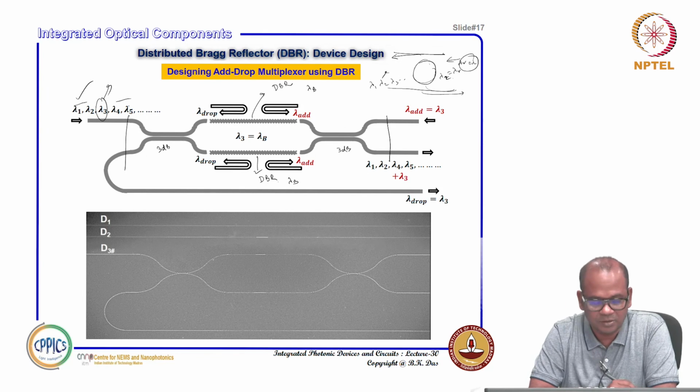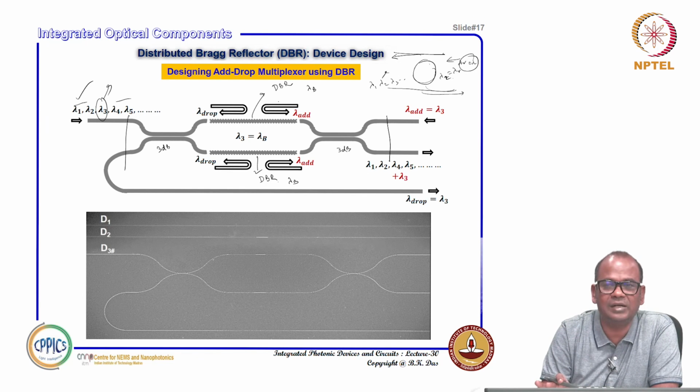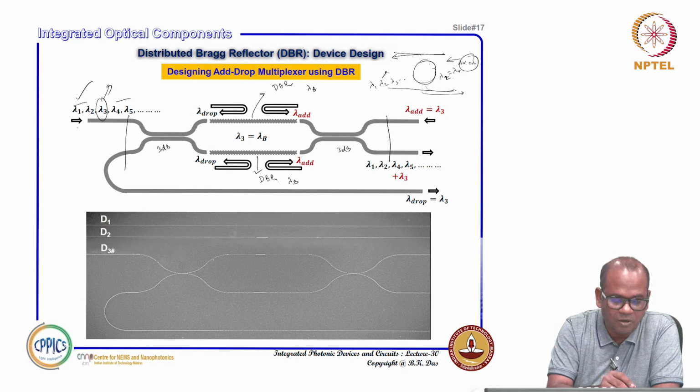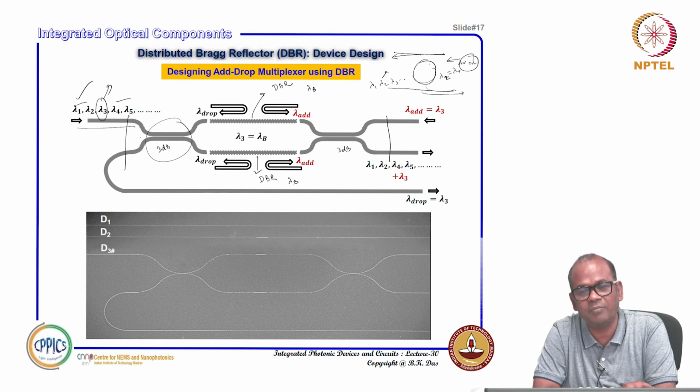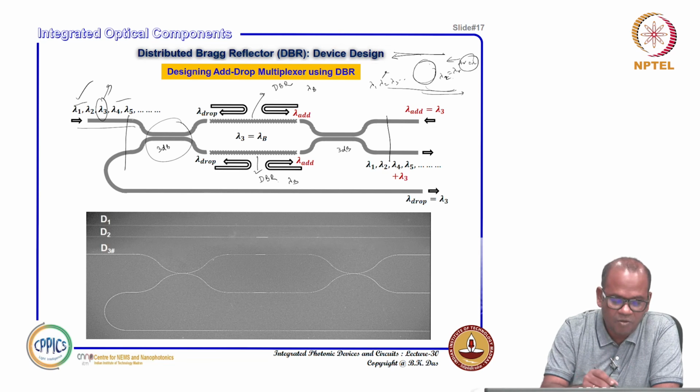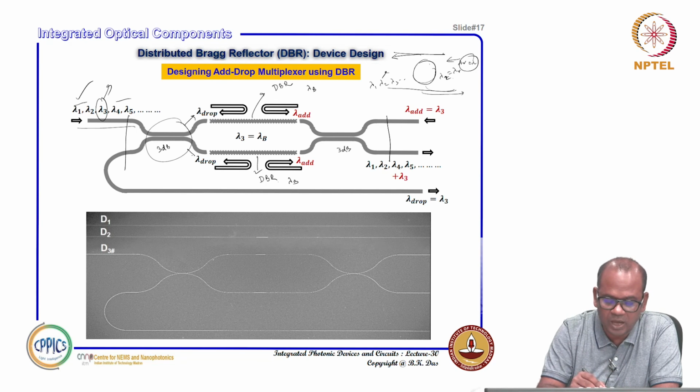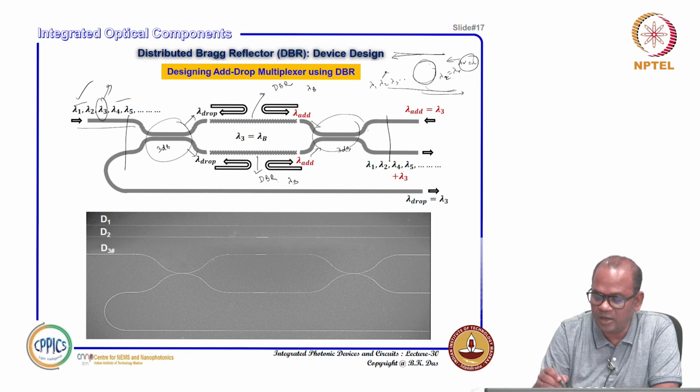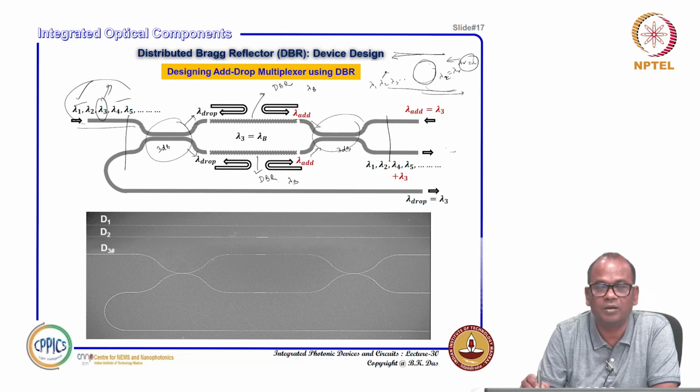How to do that? If you use a simple Mach Zehnder, normally all the channels will come. If this 3 dB directional coupler is wavelength independent, then all the channels will be split into both arms, come back here, interfere again, and because this is 3 dB, this is 3 dB, identical balanced arms, all the channels are supposed to come here.